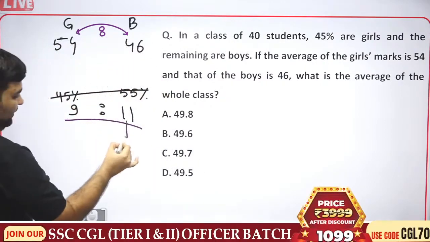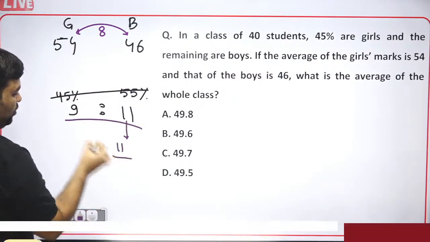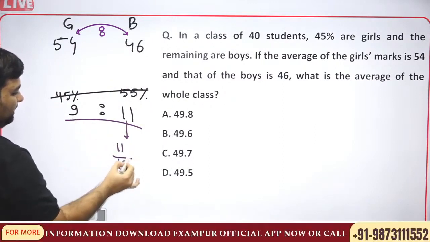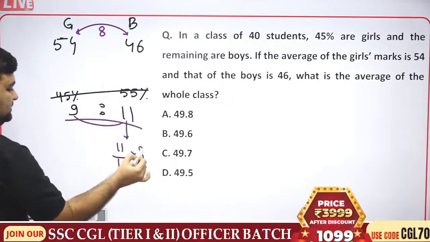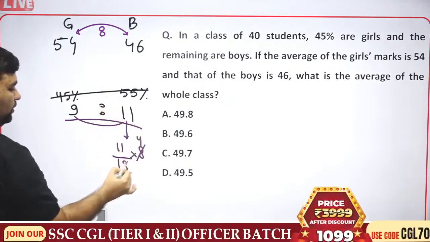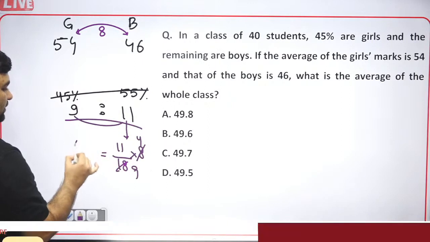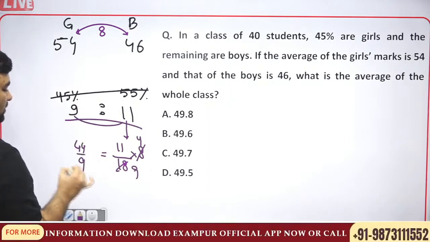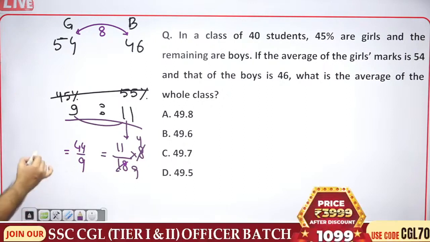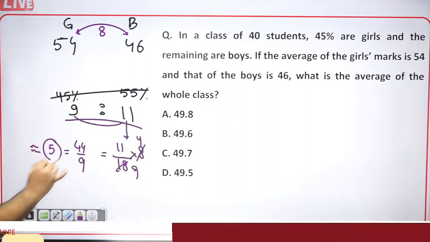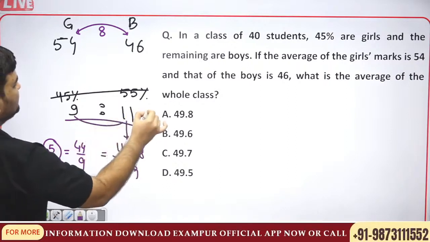So the value of 11 is 11 over 18 of 8, which is 44 by 9, approximately 5.